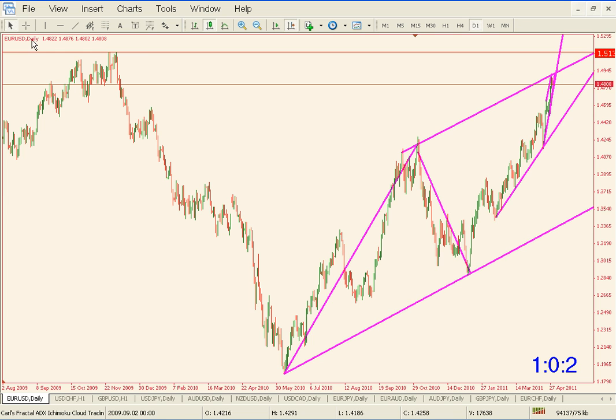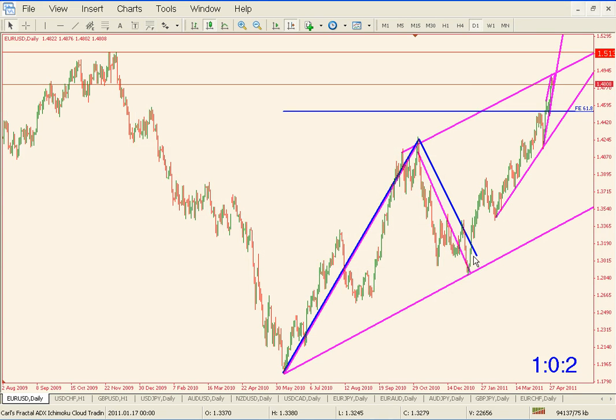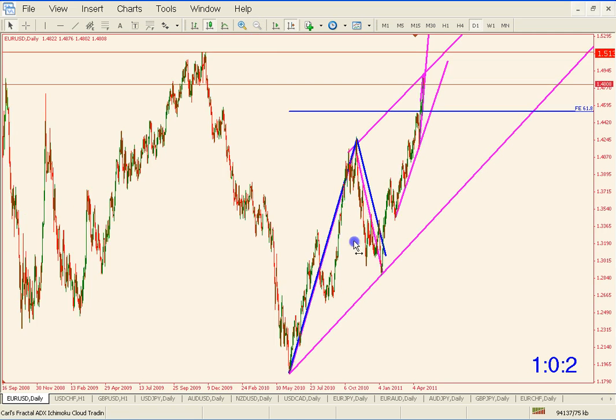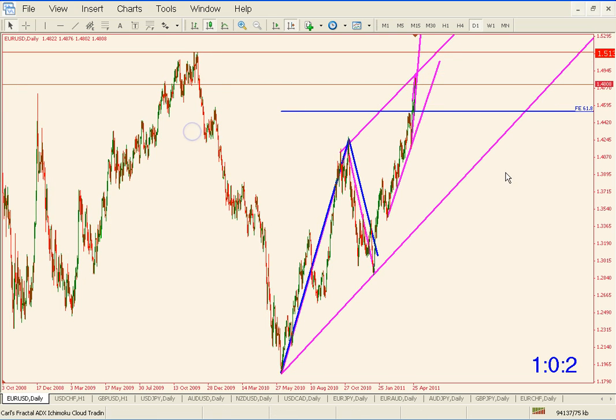And also, if you do your Fibonacci expansions, you put that in right here to the next spot, and it pretty much came pretty close to that area. Our next projection should be a little bit past this mark here.